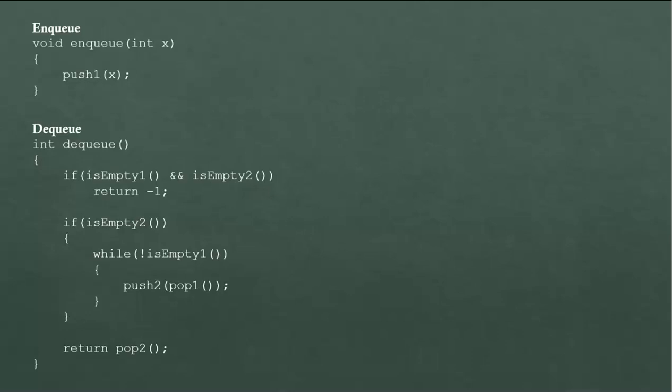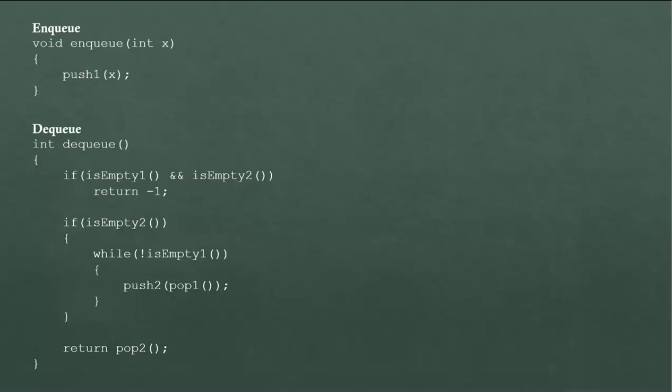Again, if stack 2 is empty, there is a while loop. The while loop continuously pops elements from stack 1 and pushes them into stack 2 until stack 1 is completely drained. Once this transfer is done, dequeue returns the popped top of stack 2.